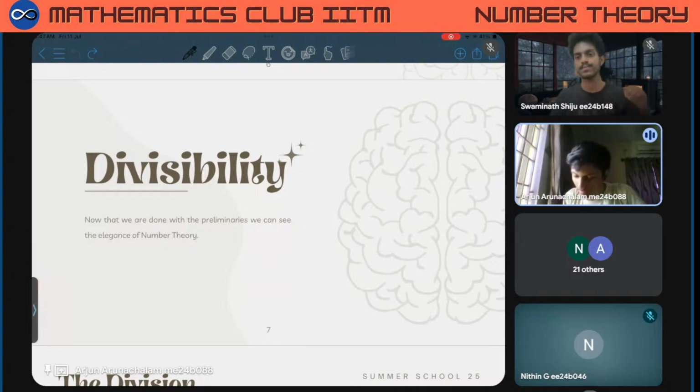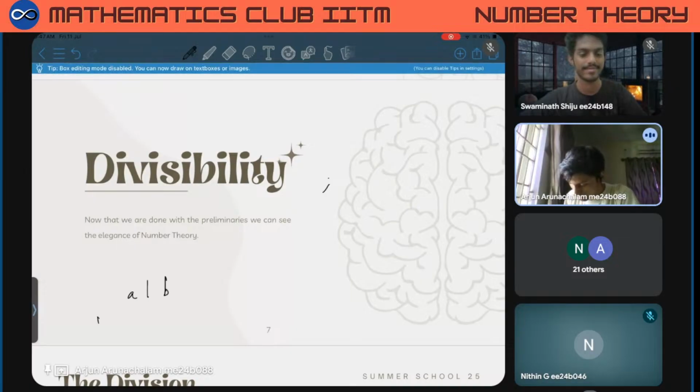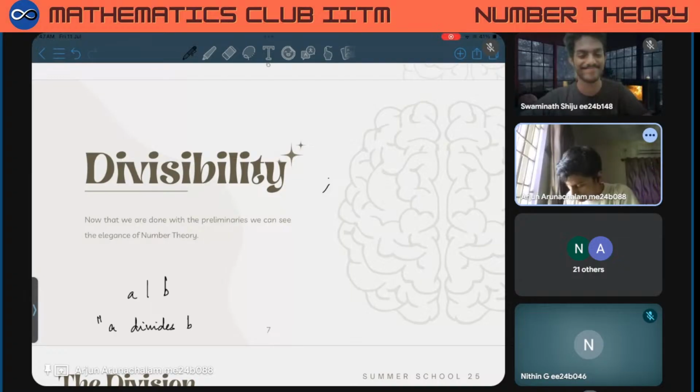So we'll start with divisibility. Divisibility is the notion that you can represent one number as an integer multiple of another. So basically, you write that A divides B. This literally means A divides B, right? Basically, it means that B by A is an integer.